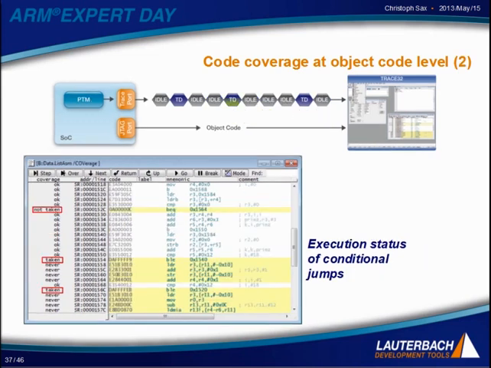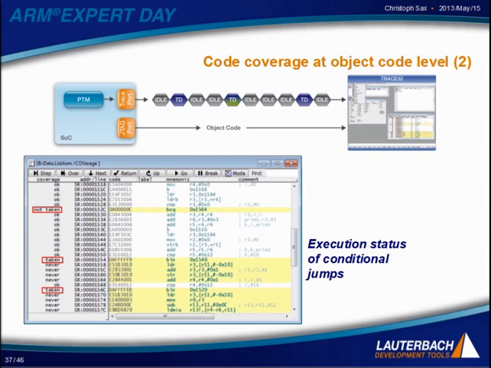For PTM, it looks similar, but this time we use different code coverage flags for the execution status of conditional jumps, because for the PTM we are not able to derive the execution status of all conditional instructions, only those which are conditional jumps.